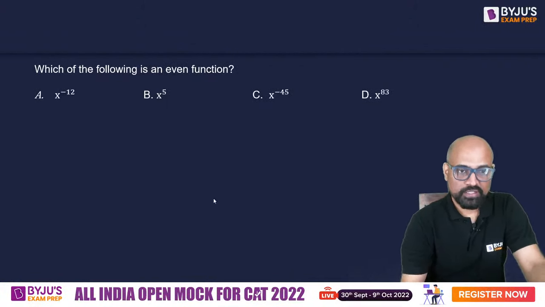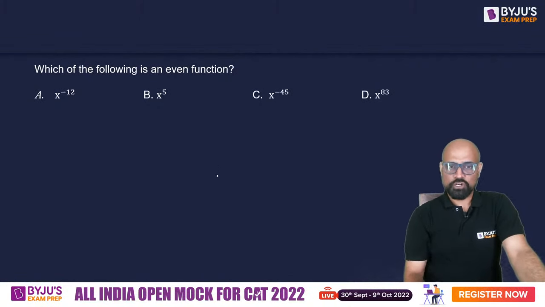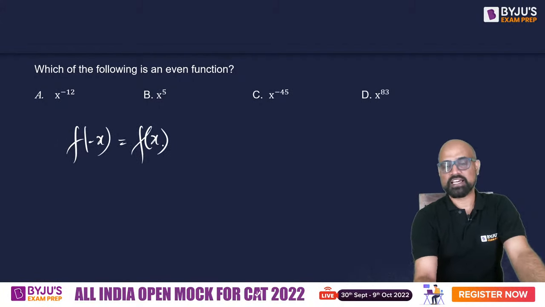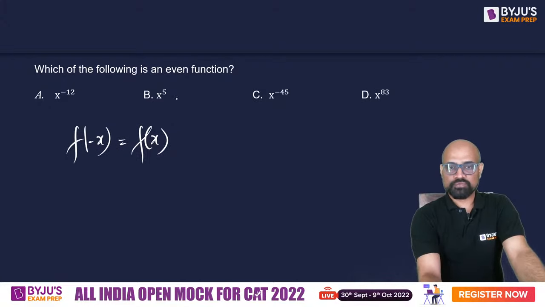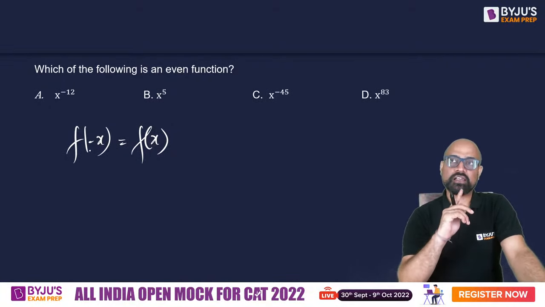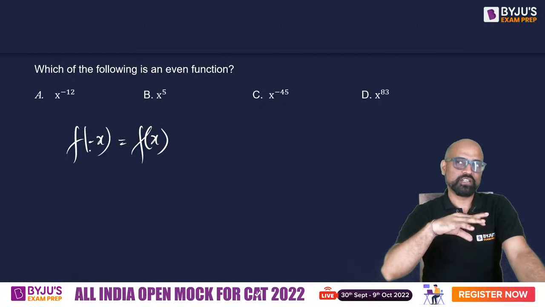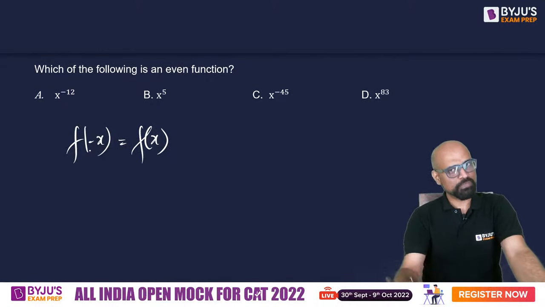Next one. Which of the following is an even function? What is an even function? An even function is a function that, instead of x, if you put minus x, it still looks as good as f of x. So, when will giving a negative value to some variable, as in putting a negative sign before it, not change anything, as in negative remains negative? When you have even powers.